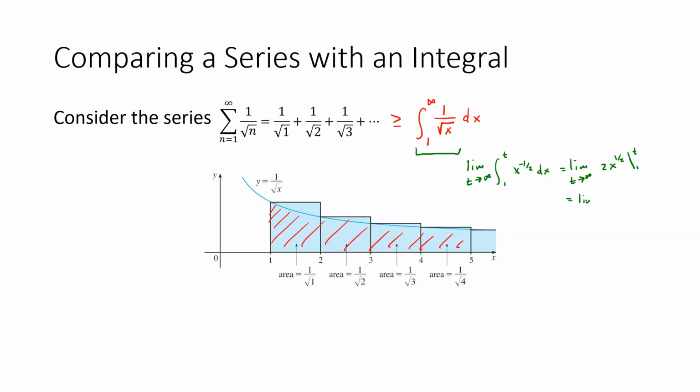Taking the limit as t goes to infinity, 2 times the square root of t minus 2, we see as t goes to infinity, this goes to infinity. Therefore, the sum of the series must be greater than something that goes to infinity, so it must also be divergent.